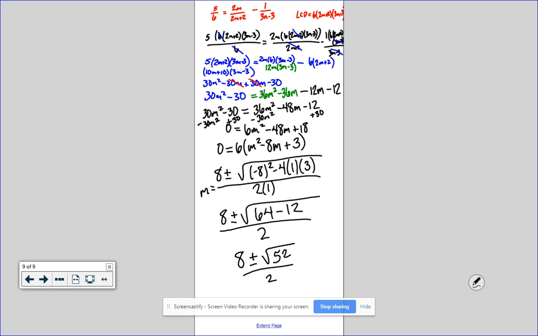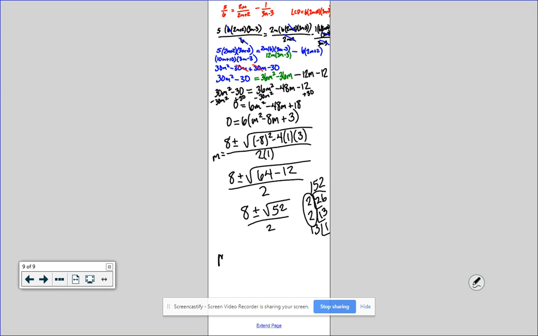And that will simplify. So we take 52. It's 2 and 26, 2 and 13. Pull out a 2. So my answer here is m equals 8 plus and minus 2 square roots of 13 over 2.